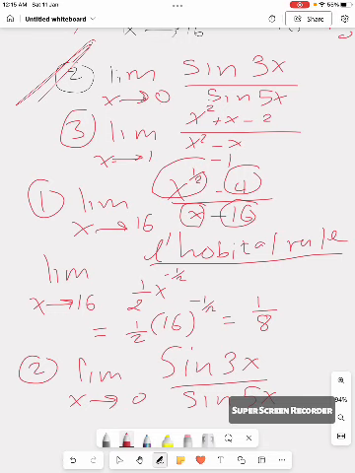Can you substitute directly? If you substitute directly, you will get 0 over 0, because sine 0 is 0 and cosine 0 is 1, so direct substitution will not work. So what else can we do?